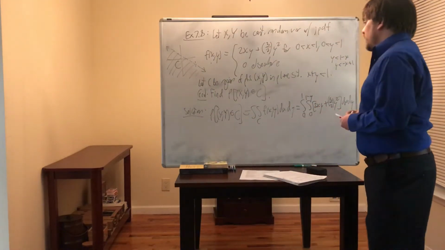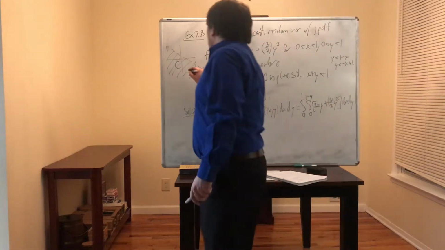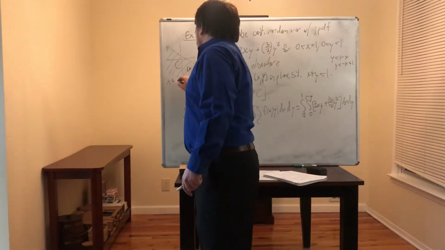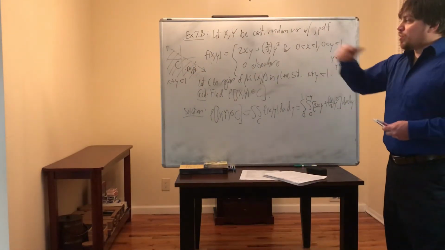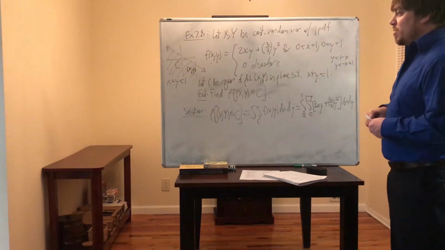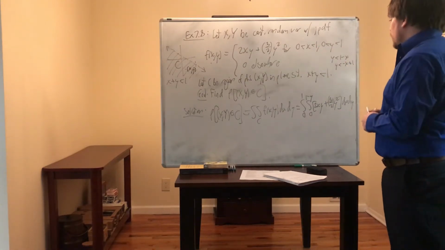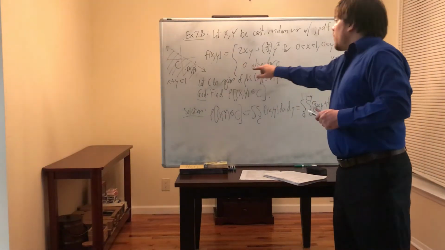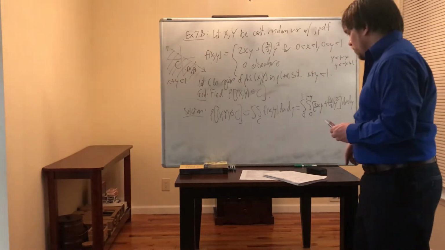That's the region C of points such that x plus y is less than 1. Region C is the set of all points x comma y such that x plus y is less than 1. That's the shape underneath that line. Okay, and so now if you want to integrate over that region C, first note that little f of x comma y is 0 everywhere other than where x is between 0 and 1 and y is between 0 and 1.